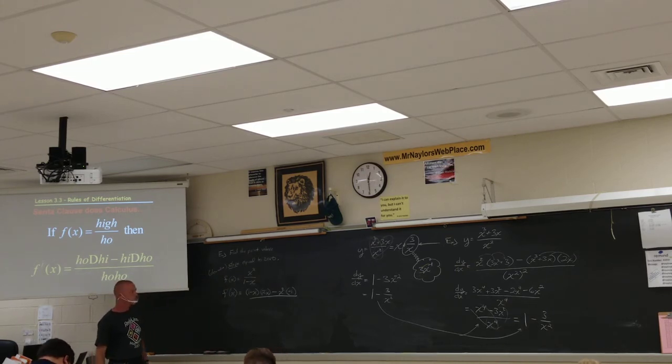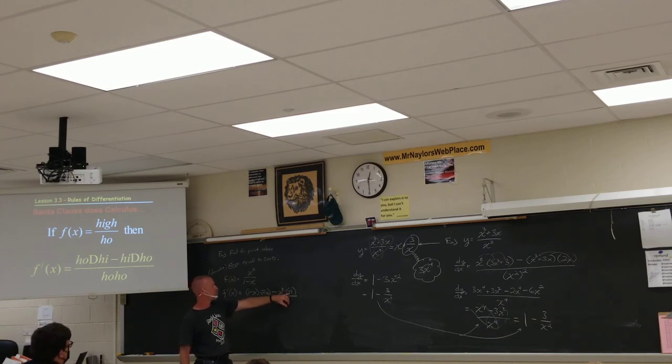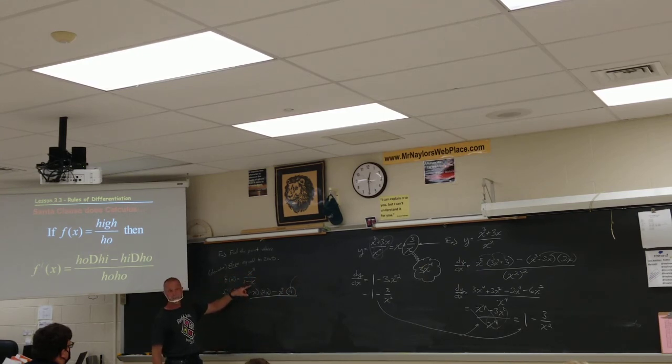Take a look when you need to. What I have on the board right now is ho d hi, bottom times the derivative of the top, minus hi d ho. Now, did you get this negative 1 right here? This is sometimes forgotten, but this negative 1 is the derivative of the bottom. That's the derivative of negative x. You have to think of it as negative.